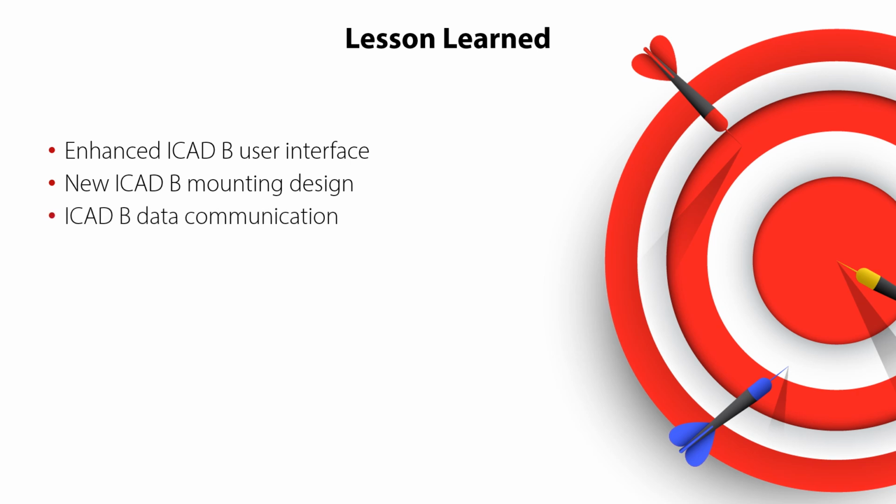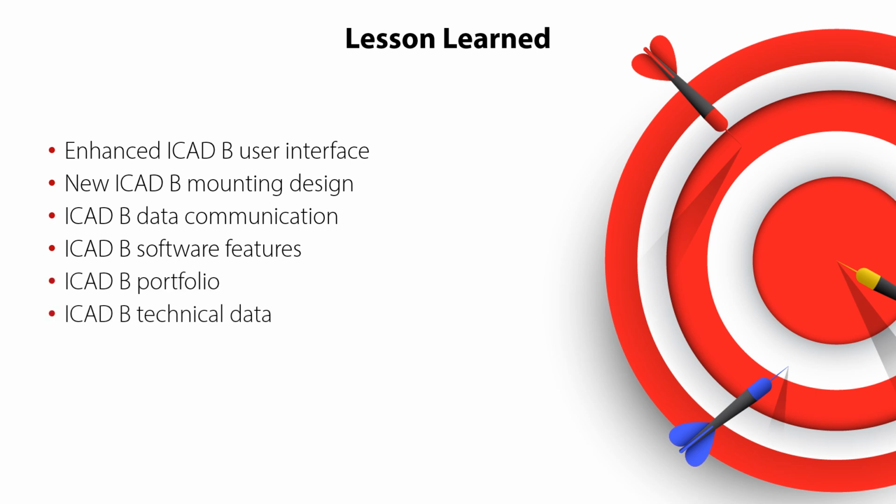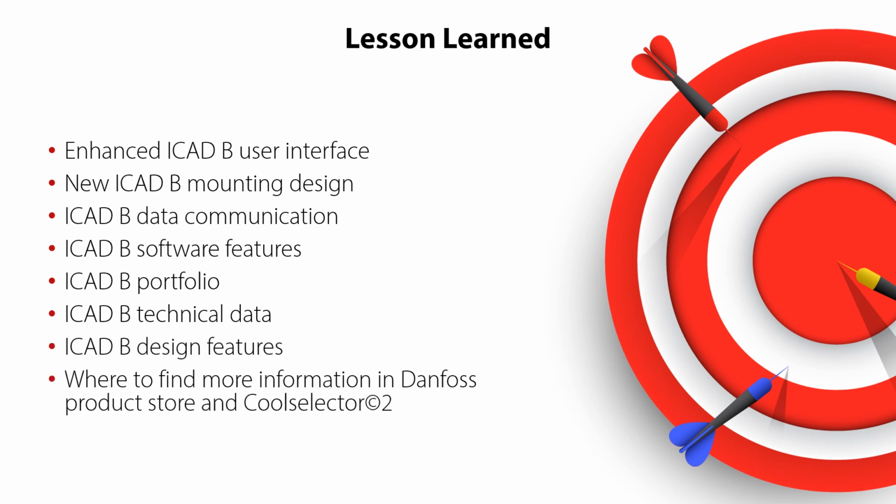You know the ICAD B data communication options for easier integration into control systems. You know the ICAD B smart software features. You know the ICAD B portfolio. You know the ICAD B technical data. You know the ICAD B design features. And you know where to find more information in the Danfoss Product Store and the Danfoss CoolSelector2 selection software. All this ensuring correct selection and safe system operation.